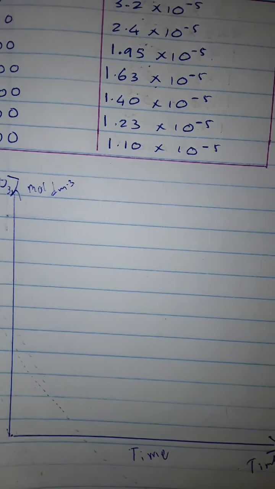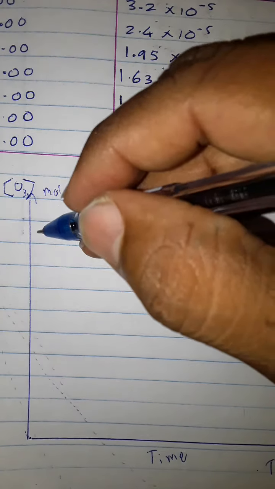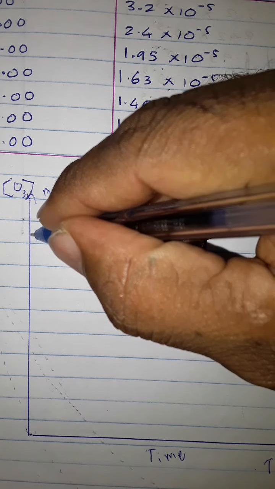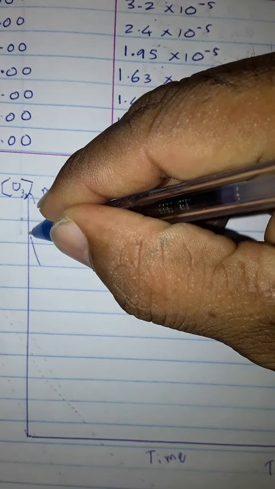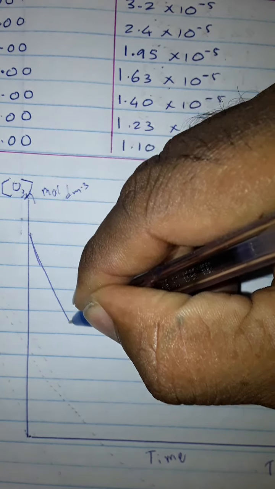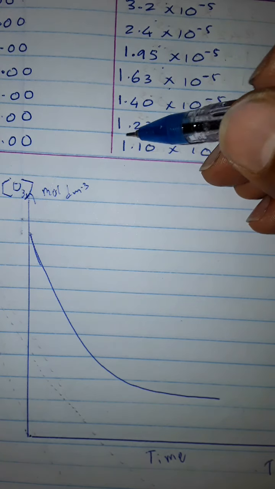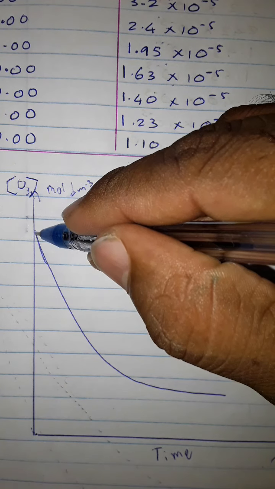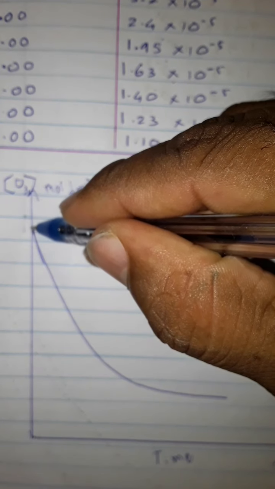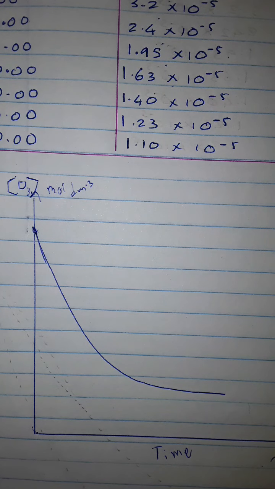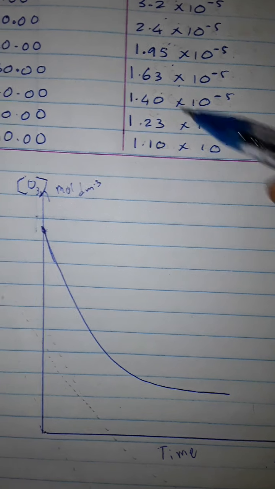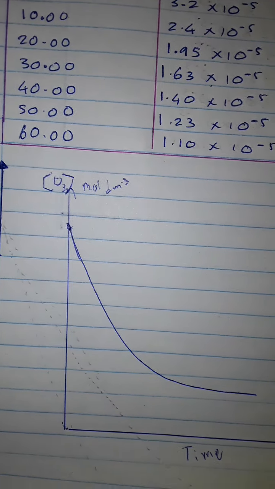So how do we study this? It will be like this. As time passes, ozone concentration decreases. Now look here: at the beginning, this is the point where we start. And this is 60 seconds.